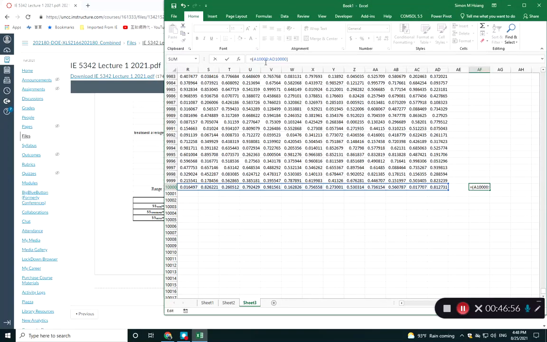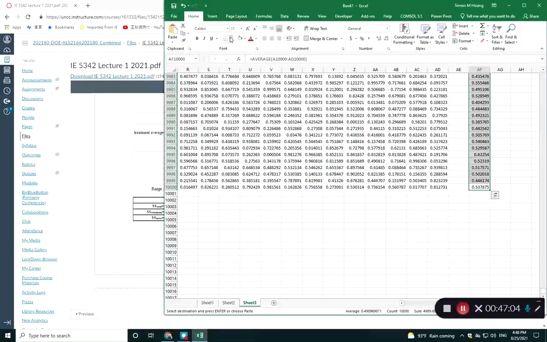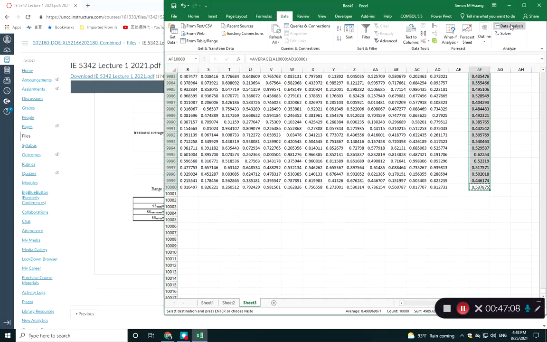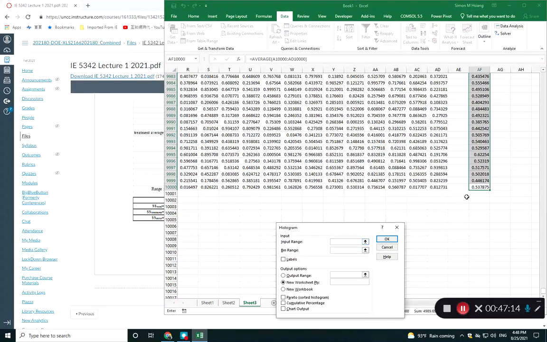Let's just use average. Okay? And I think I already showed you last time, if you use the histogram, you will see a very nice looking histogram of this. Okay?